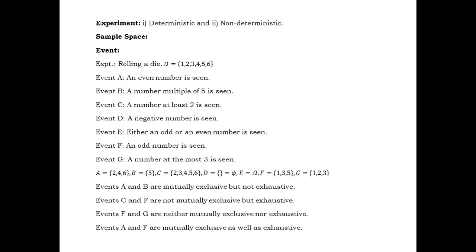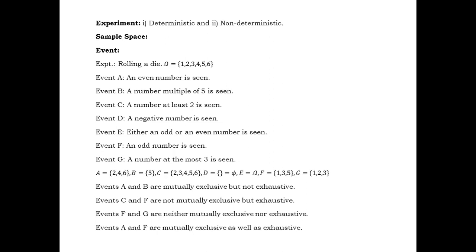And let me tell you that if there are a number of outcomes in a sample space, then we may write so many events which may contain 0 or 1 or 2 or all the elements in the sample space.